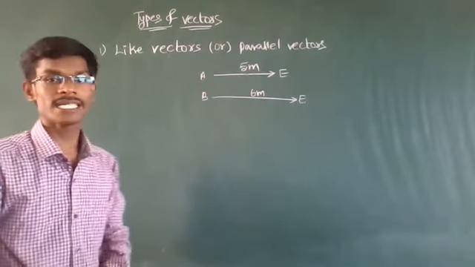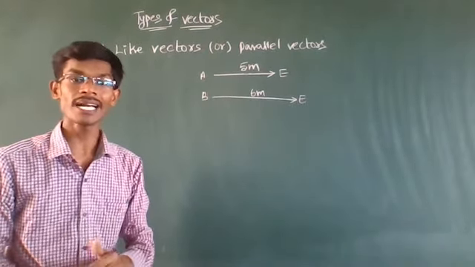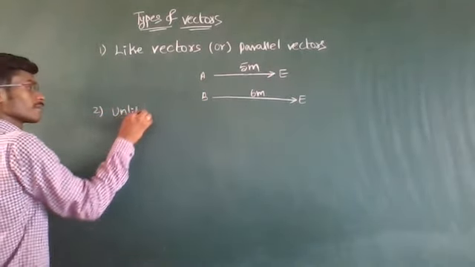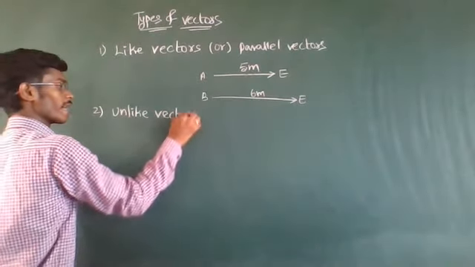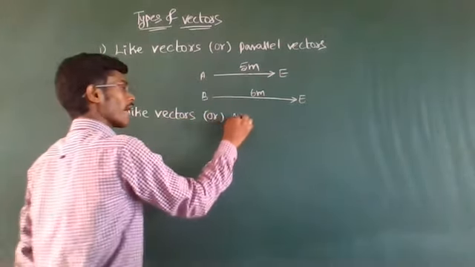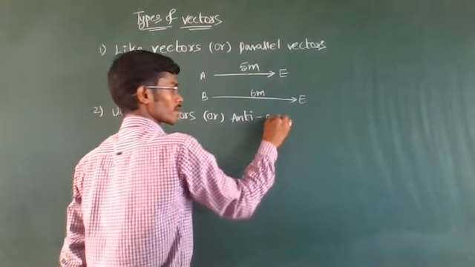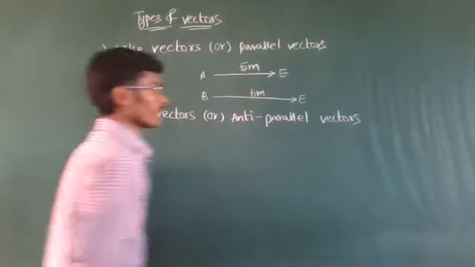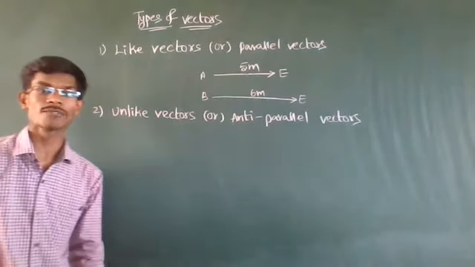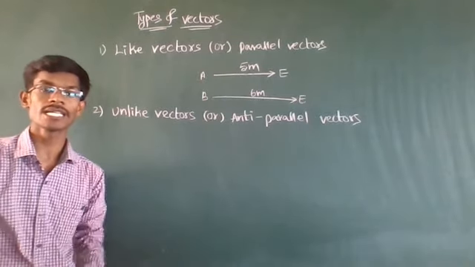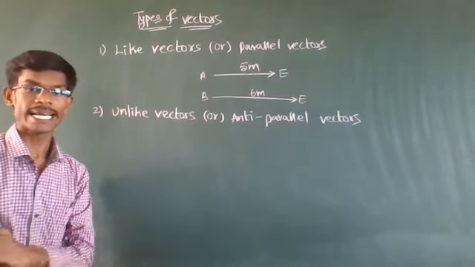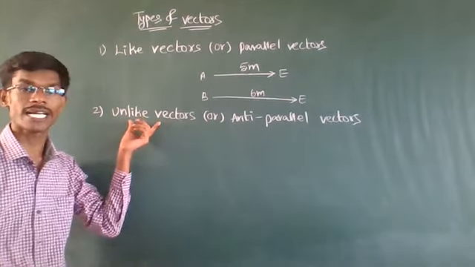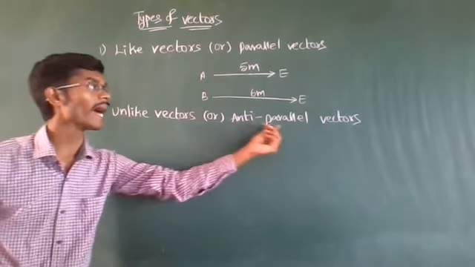From this we can easily understand what unlike vectors or anti-parallel vectors are. See here, unlike vectors or anti-parallel vectors, what we can say is, the physical quantities which are opposite in direction and magnitude may be different, these physical quantities we can consider as unlike vectors or anti-parallel vectors.